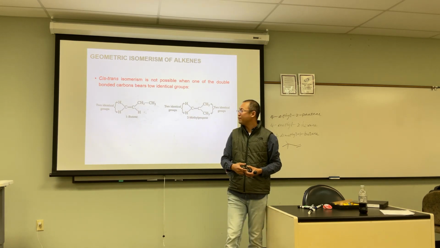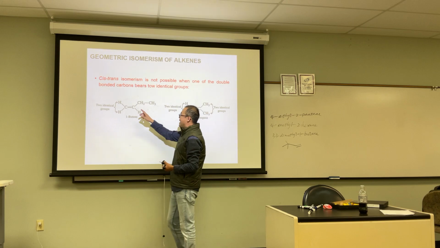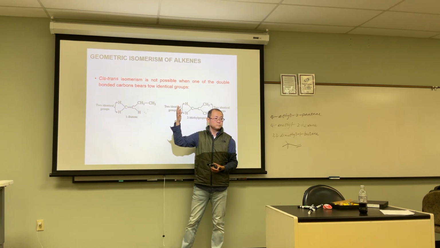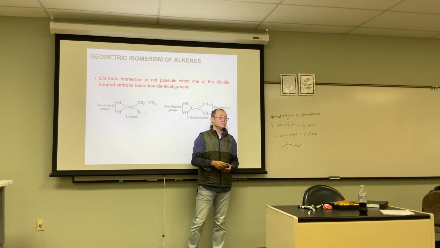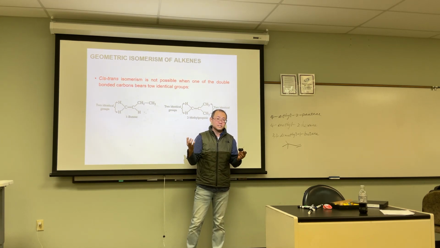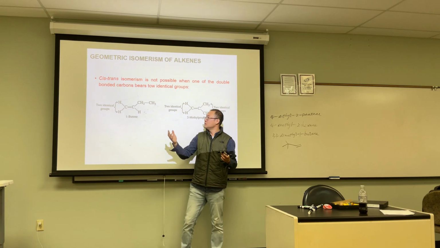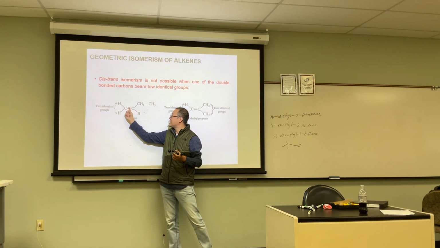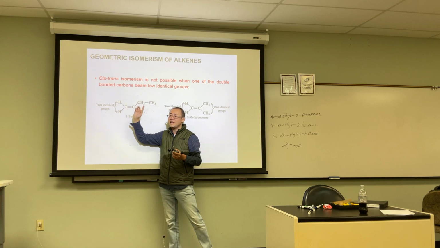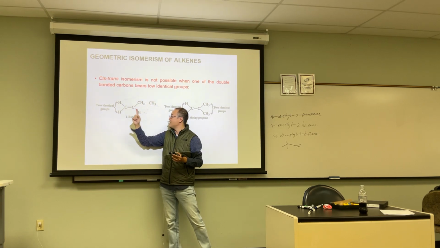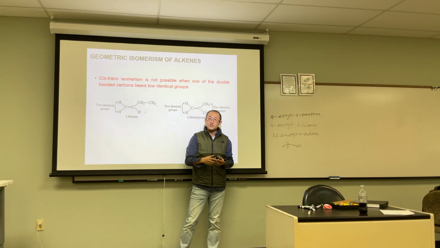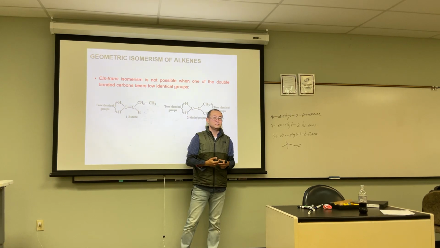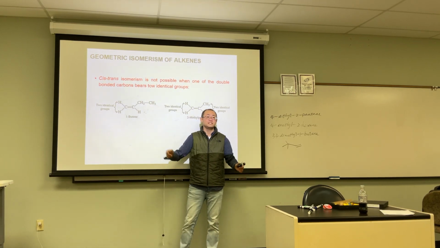If a carbon in the double bond has two identical groups or atoms, doesn't matter which one, then you will not expect cis or trans isomers. Then the molecule would not have cis or trans isomers.